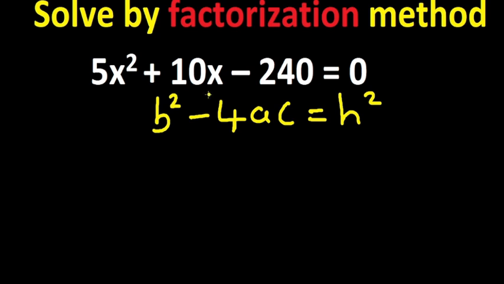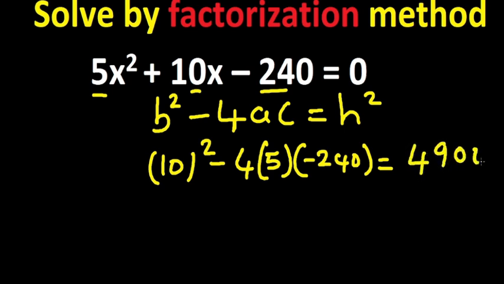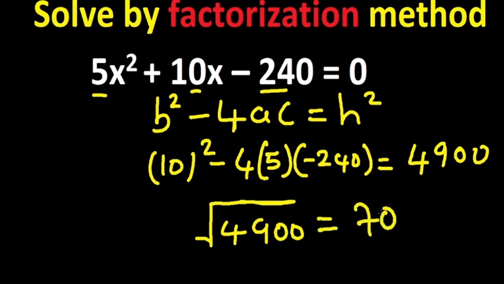We have 10, which is b, squared, minus 4 times a, which is 5, times c, which is the constant, negative 240. If you do this calculation, you're going to get 4,900. Now the square root of 4,900 is going to give us 70.